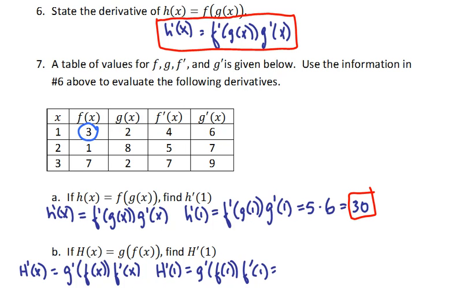So we need g prime of 3, which is 9. So that tells me that g prime of f of 1 is 9, and f prime of 1 is 4, and so we end up with 9 times 4, which is 36. Okay, and so that brings us through the last of that problem there.